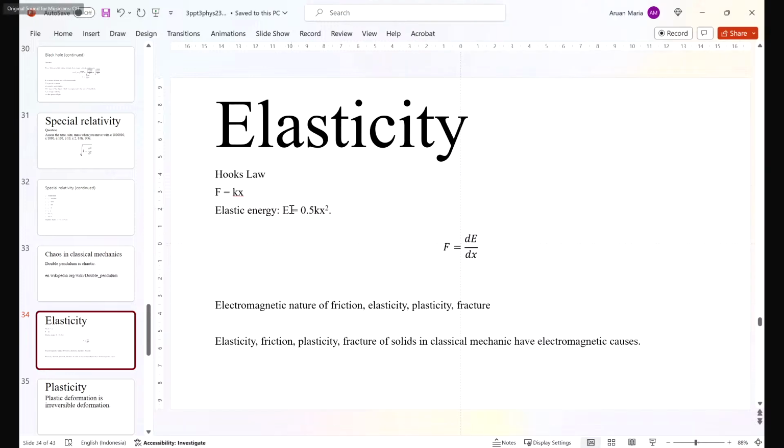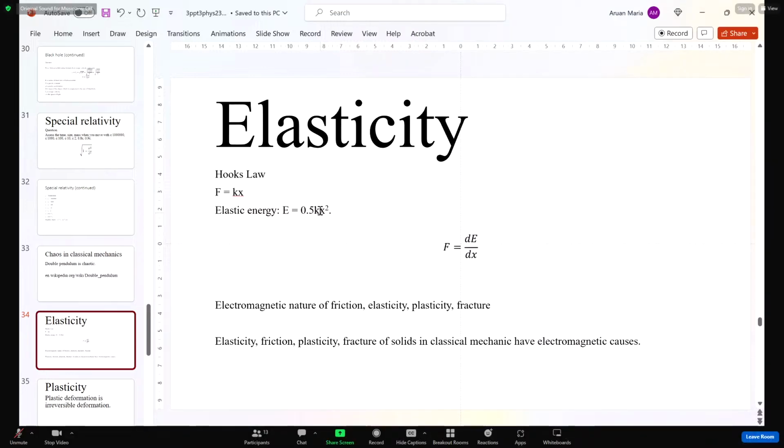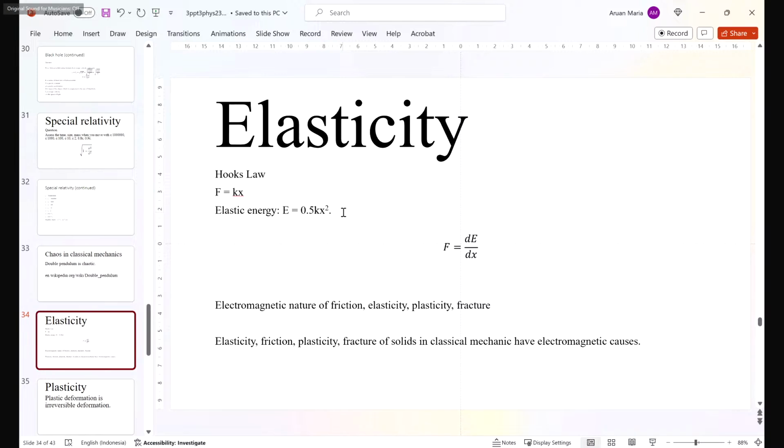So the energy of elastic deformation is converted to kinetic energy of motion of the spring or whatever the object you squeezed.